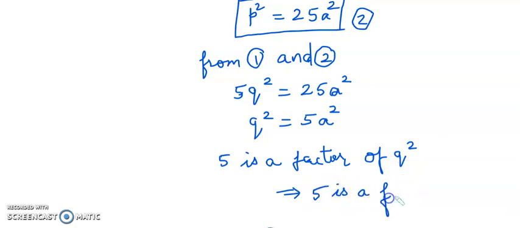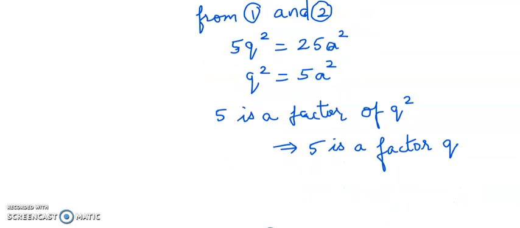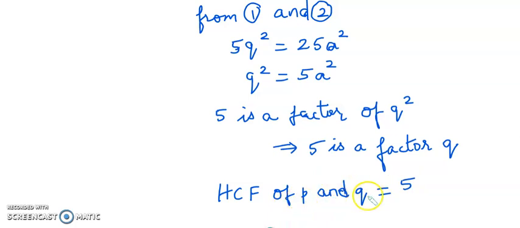Now here what we are getting is that 5 comes out to be a factor of p and q both, right? So can we say the HCF, or the highest common factor, of p and q turns out to be 5? But is it right? Because we already took a condition that p and q are co-primes. That means the HCF of p and q should be 1 and not 5.